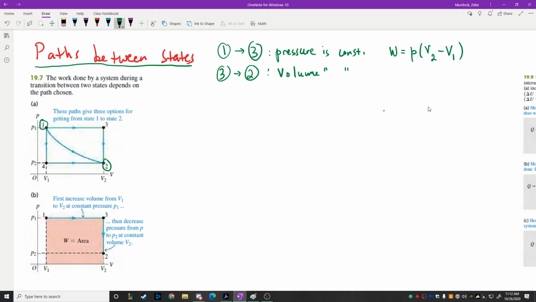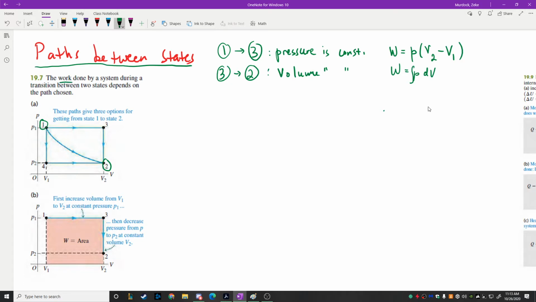So in this case, the work done would be 0, since we're doing the integral of PdV, and if the volume stays the same, there's no area change here. Right. So there are different ways to get to this state.